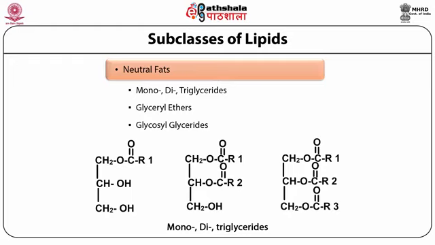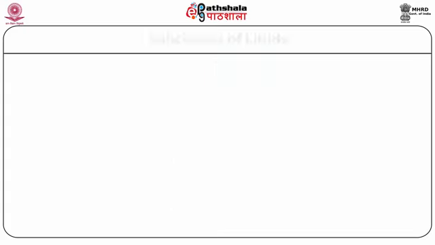In general, we should not get confused by this terminology. Normally, a standard temperature of 25 or 30 degree centigrade can be selected and an oil can be labeled as an oil if it is a free-flowing liquid.